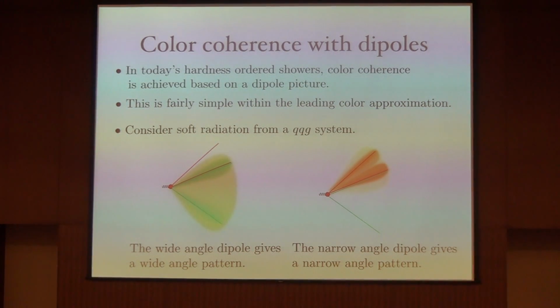That's a, say, much smaller angle. And that radiation is concentrated in the smaller angle. So if you do it that way, you get the same answer as Hurwitz does in the leading color approximation. So as long as you're doing this dipole kind of shower, you also have this coherence color. And that's something that was built into all these showers in the 90s.